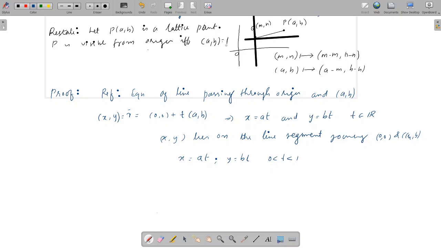So first we assume that P is visible from origin. Suppose (a, b) is visible from origin.